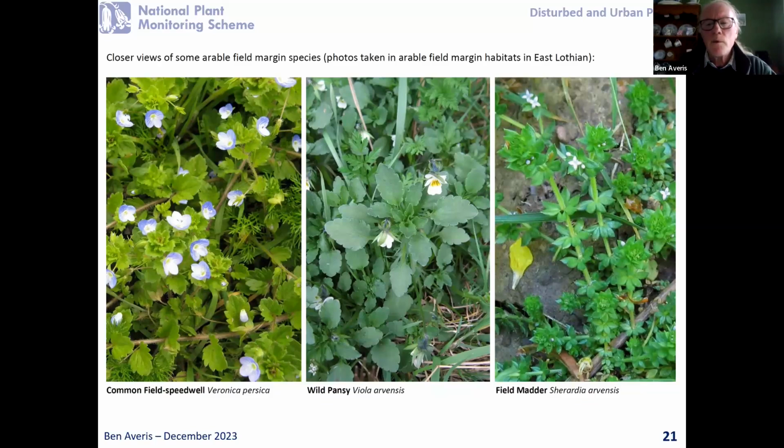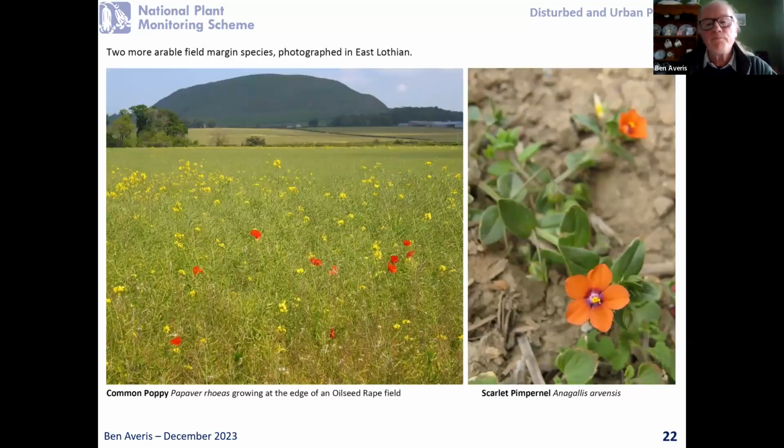Mostly quite small plants, little things that you'd find growing beneath the edges of the actual crop that's growing. But some of them are a bit taller, like the poppies. But another small one there is scarlet pimpernel, which we find up here occasionally around the edges of some arable fields.